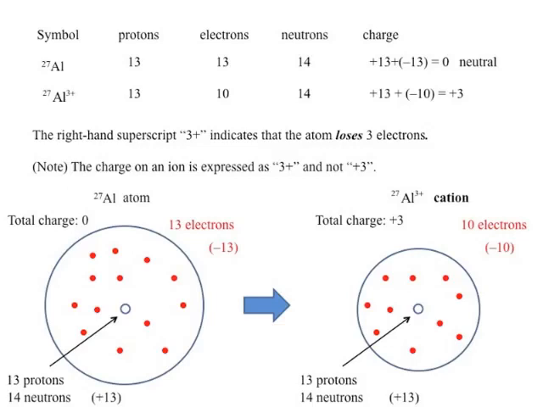And remember, in an atom, there is always the same number of electrons as protons. So in the aluminum-27 atom, there are 13 electrons. The number of neutrons is equal to the mass number minus the number of protons.